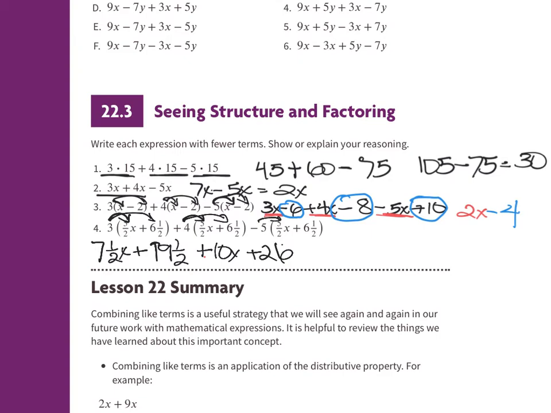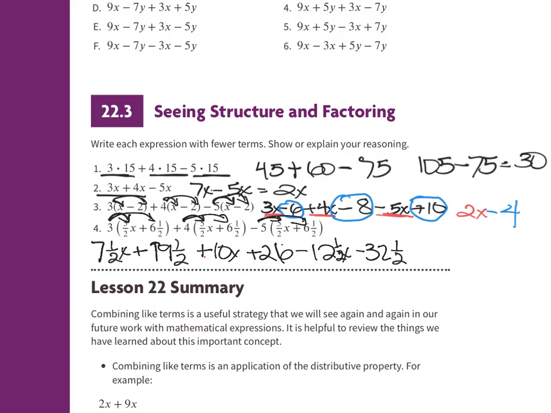Minus 5 times 5 halves, so negative 5 times 5 halves is negative 12.5x. And then negative 5 times 6.5 is a negative 32.5.